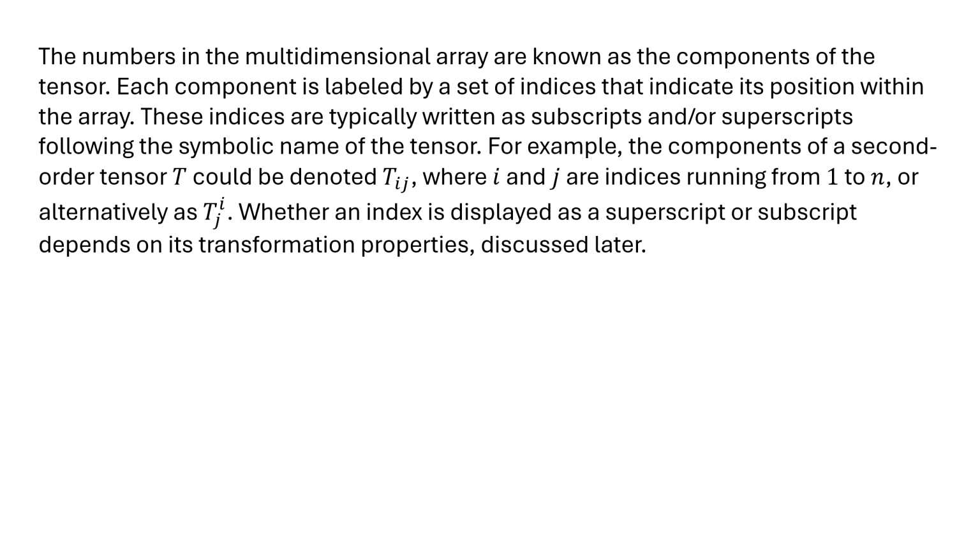For example, the components of a second-order tensor T could be denoted T_ij, and that's what we did in the previous lesson, where i and j are indices running from 1 to n, assuming our vector space is of dimension n, or alternately is T superscript i subscript j. Whether an index is displayed as a superscript or a subscript depends on the transformation properties, which I'll talk about in the following slides.